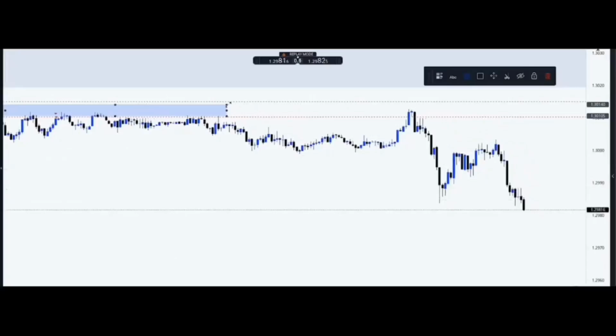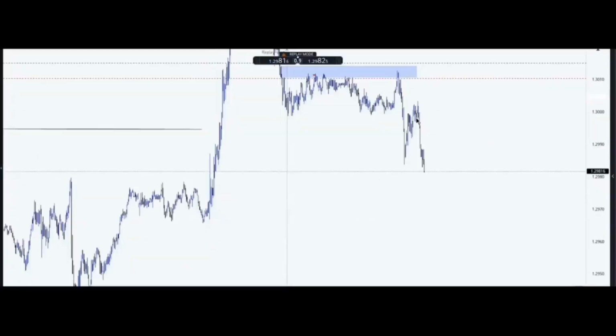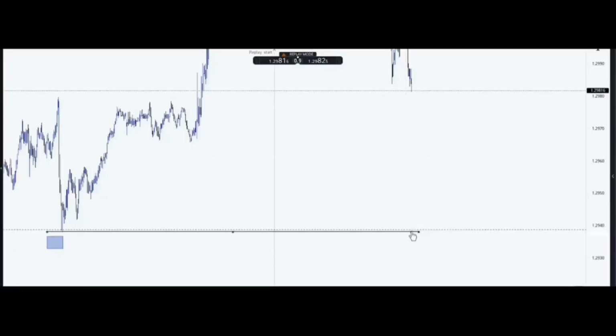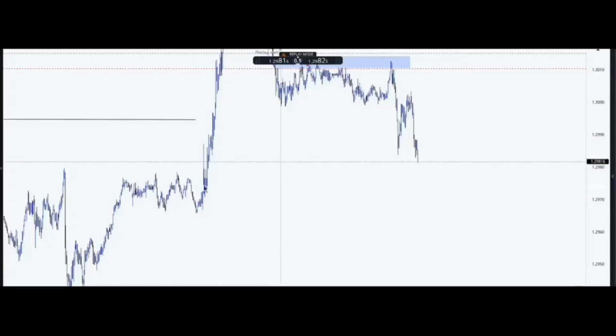Let's see whether we are still in the trade. Okay, we are still in the trade, so price is going in our favor. But remember, you don't need to leave your trade running till this low, because the market can do anything. So you begin to take your partials along the way.